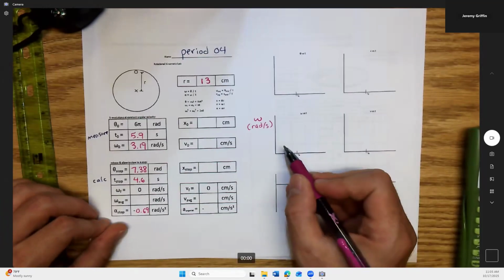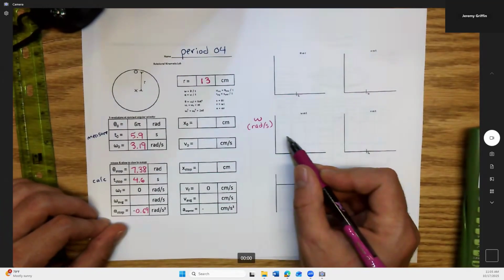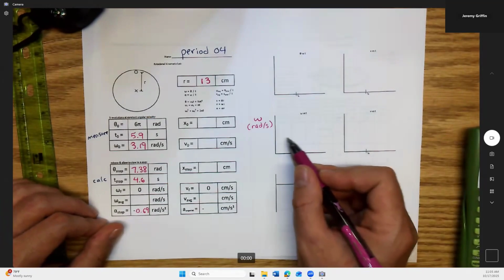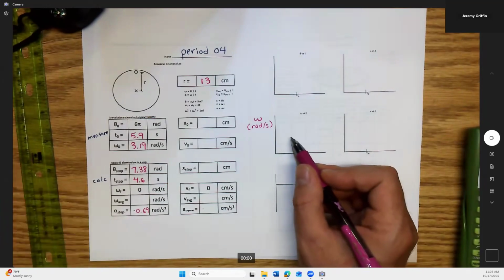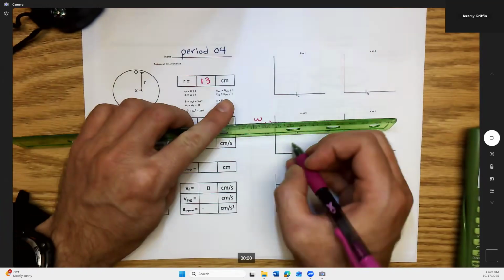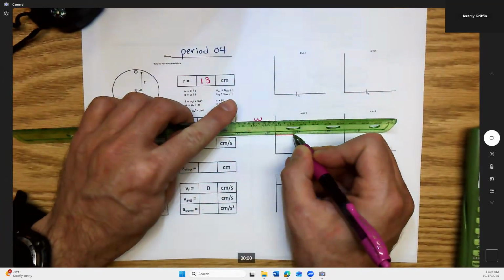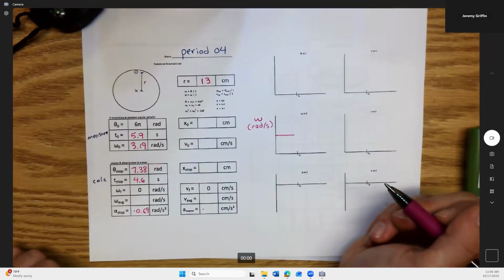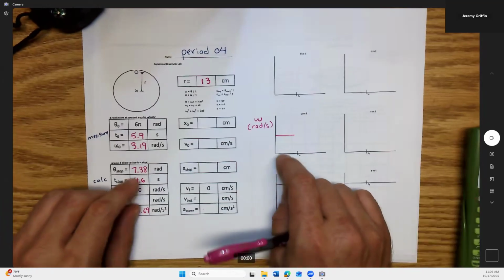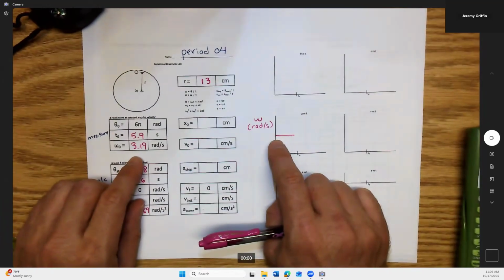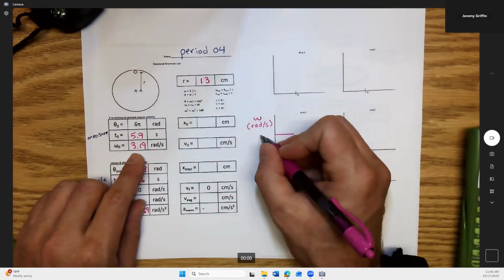Guys, what does constant angular velocity look like on an angular velocity graph? How many guys think it looks like a constant? Yeah, it's a flat constant. Just might look like that all the way up to t naught. Okay. Oh, and I can write a value. Guys, what value do I write on my graph right here? It's like that, 3.19.